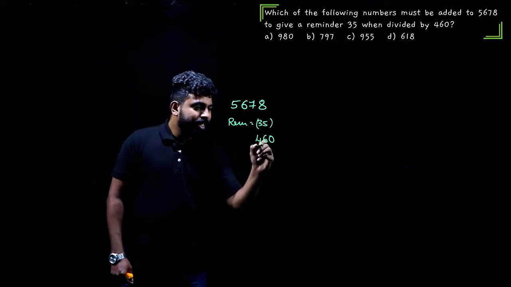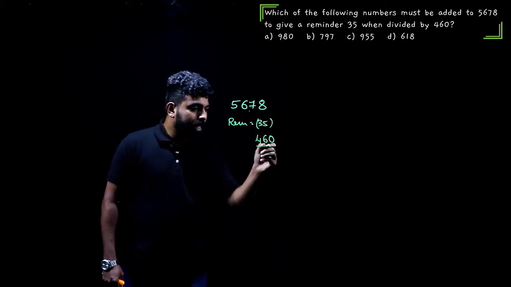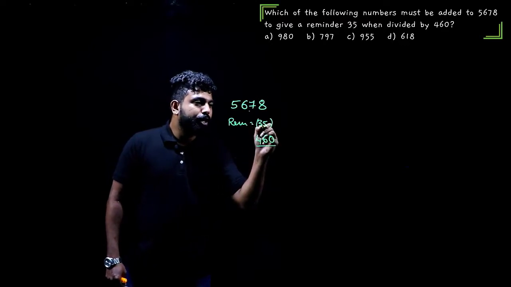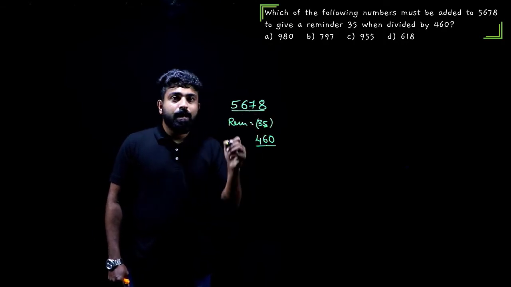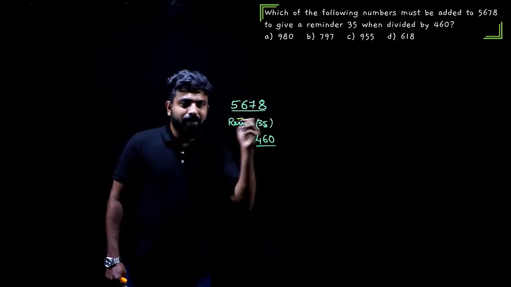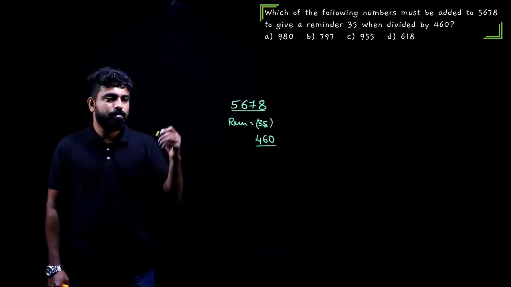So 460 is a multiple of 10. Now if I divide some number by a multiple of 10 and I want a remainder with the unit digit of 5, then the number which I am dividing, its unit digit must also be 5.